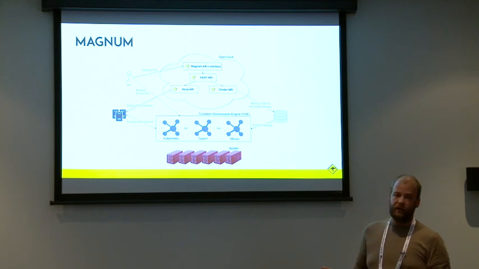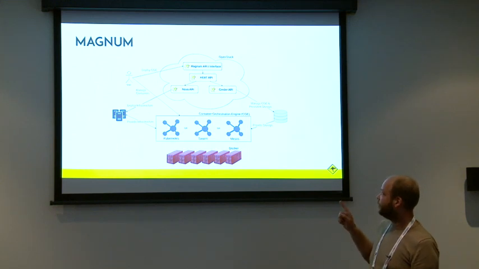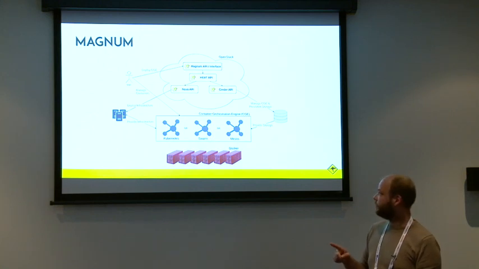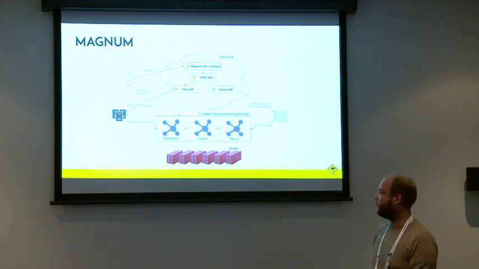So with one simple call that defines a set of parameters, you deploy your complete container orchestration engine. The container orchestration engine also communicates with Cinder to provide persistent storage for your Docker containers. So you have integration on that level as well.